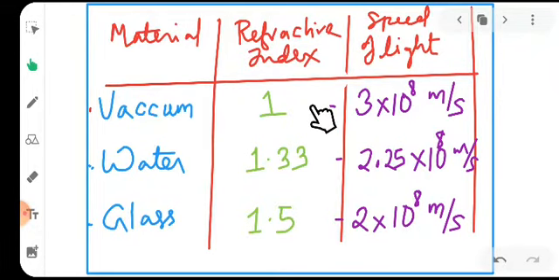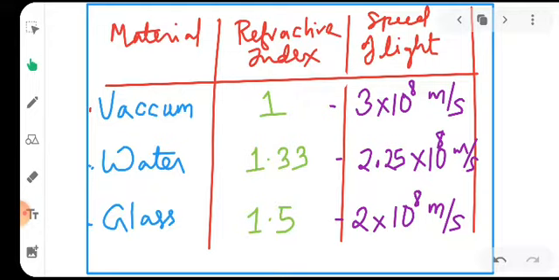As you can see, as the refractive index increases, the speed of light in that particular medium gets lower and lower. So a higher refractive index means light moves slower through that medium.